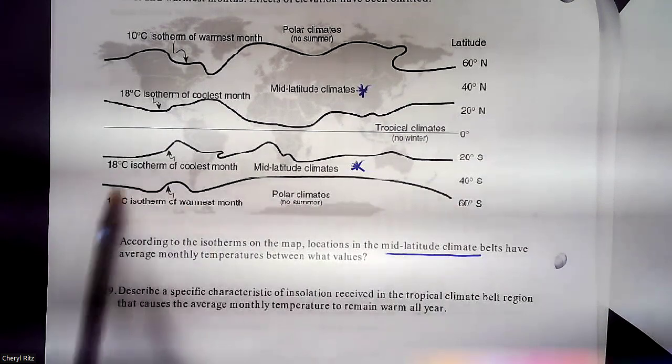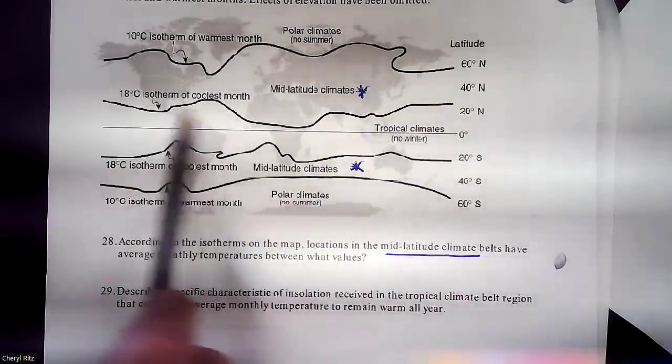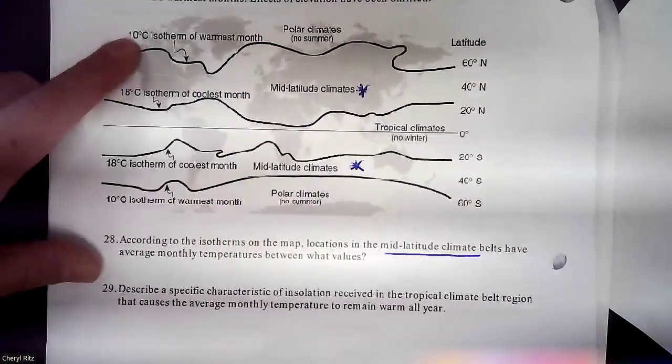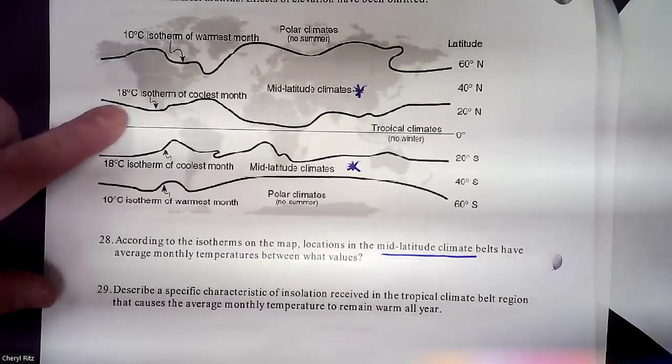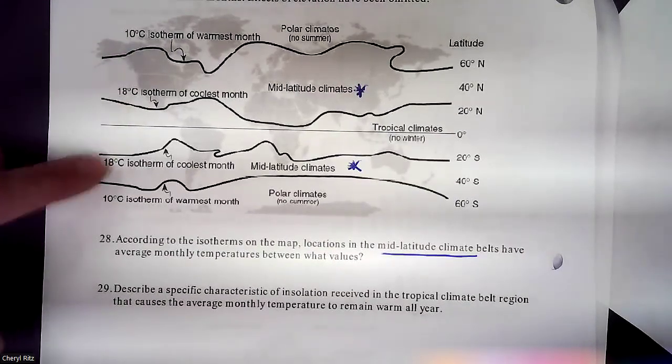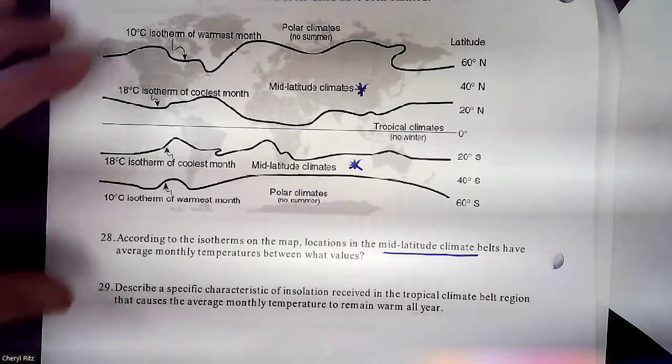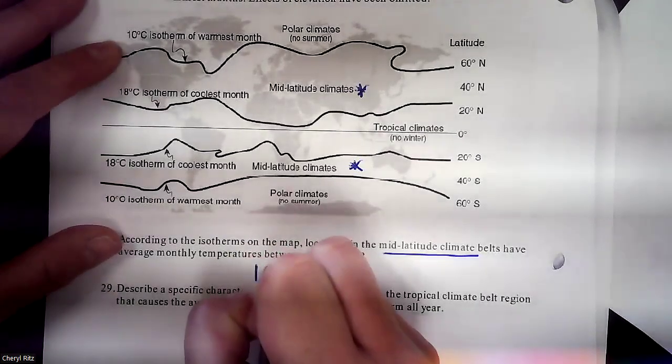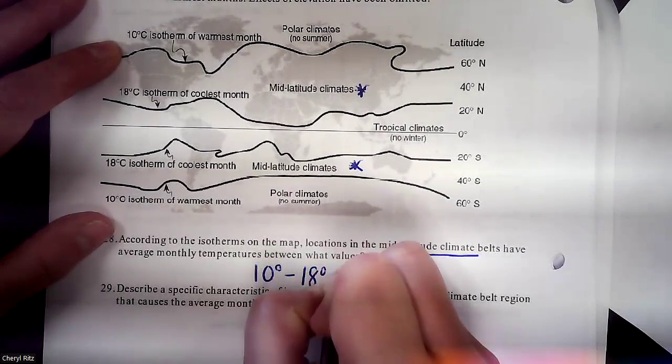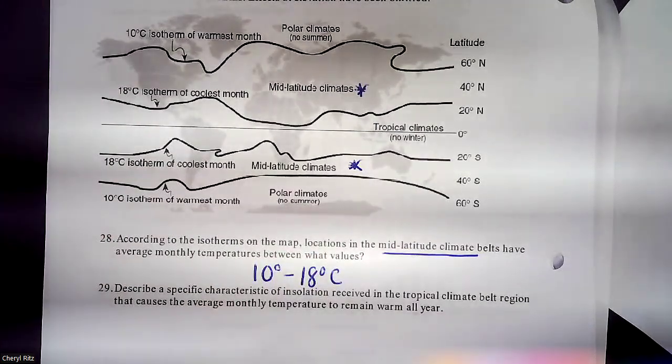So here's an isotherm, there's an isotherm, and another, and another. And these are the 10 degrees Celsius and the 18 degrees Celsius, and same down here, 10 and 18 degrees Celsius.